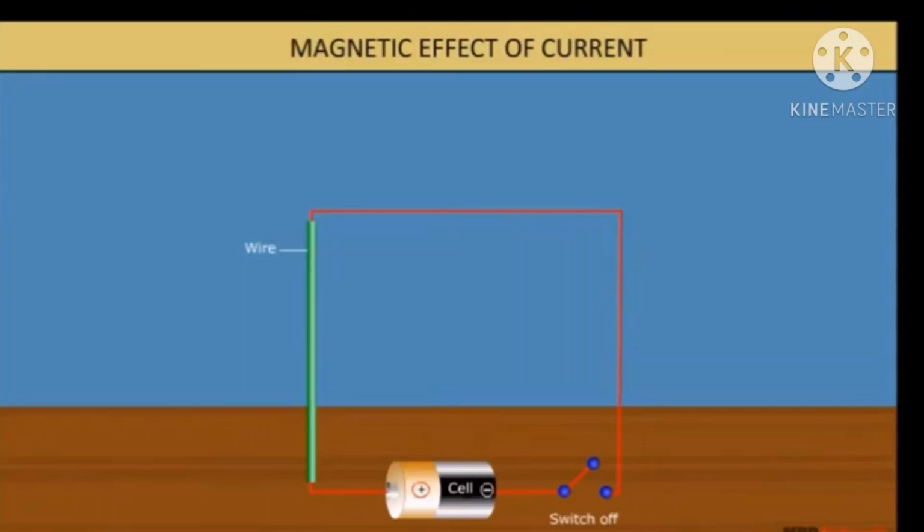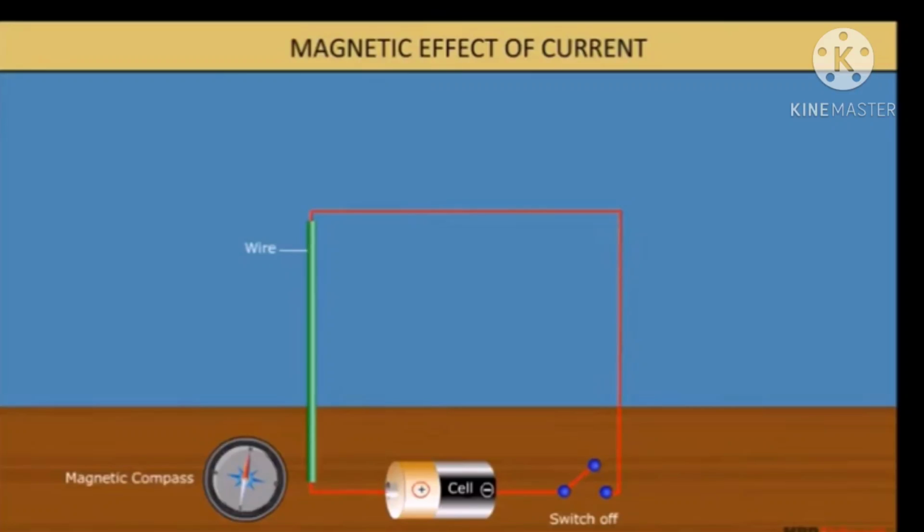Now let us study about another effect of current, that is magnetic effect of current. Children, in 1820, a Danish physicist Hans Christian Ørsted discovered that flowing current in a conductor generates a magnetic field. Ørsted demonstrated this by connecting the two ends of a wire to a cell through a switch.